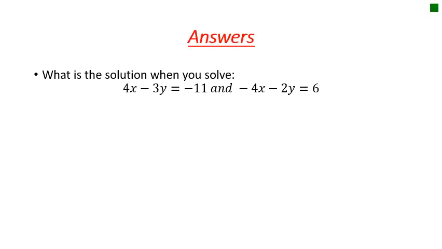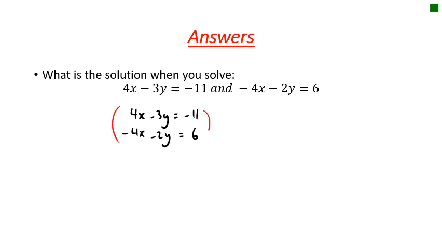Okay, let's see how you went. So our two equations are 4x take 3y equals negative 11, and minus 4x take 2y equals 6. So again, let's add these.